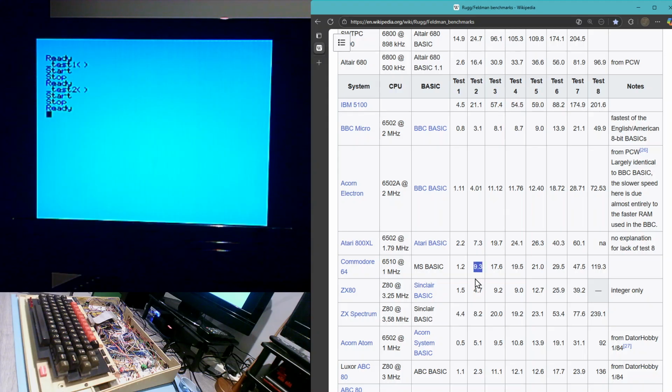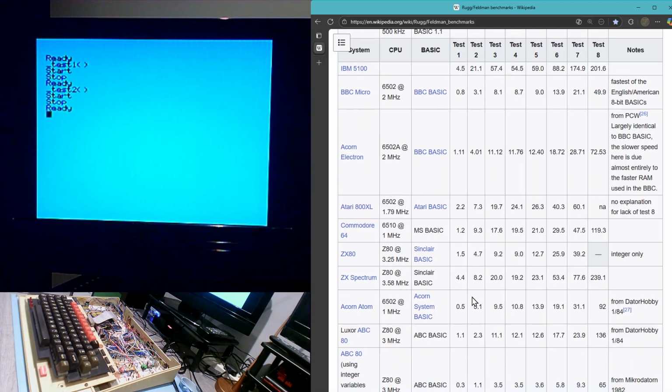More than 10 times faster, 20 times faster than a Commodore 64 to do that test. More than 10 times faster than a ZX80, which was integer, and yeah, 20 times faster than a ZX Spectrum. So the basic is extremely fast.